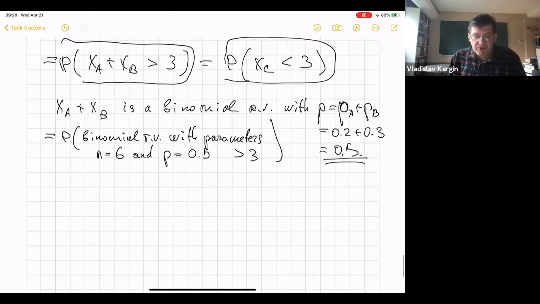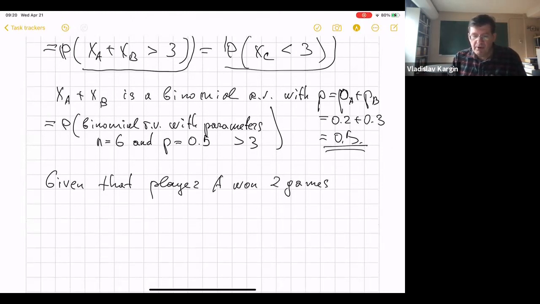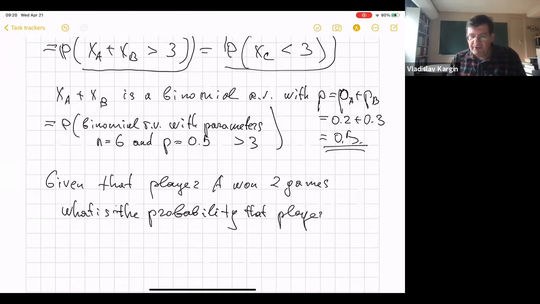You might ask a question like this one: given that player A won 2 games, what is the probability that player B won 3 games?